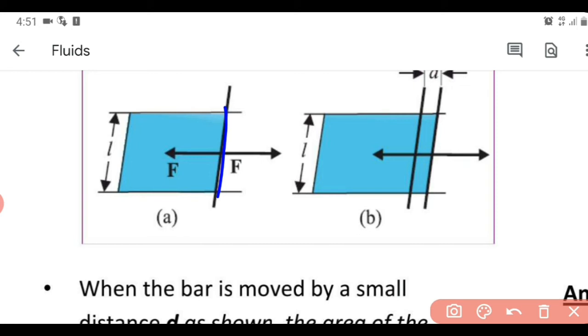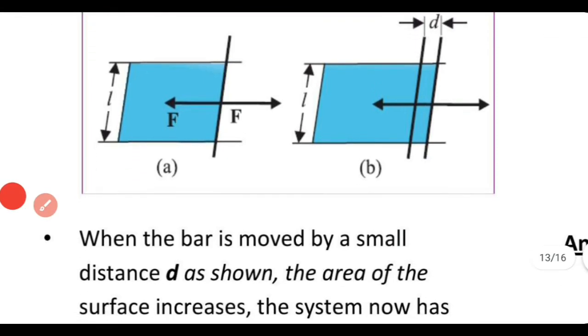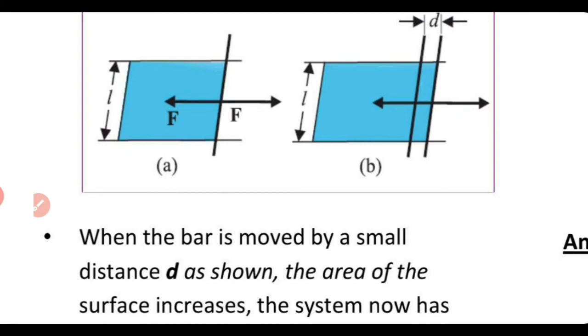Now we are trying to increase this surface area by moving the movable side through a small distance d. The bar is moved through a small distance d, so the area of the surface increases.